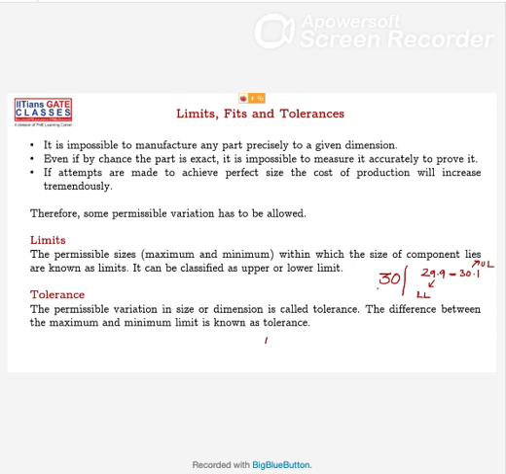So the tolerance in the above case will be 30.1, the upper limit, minus 29.9, the lower limit. So the tolerance is 0.2 here. Got the point, sir? Okay, good.